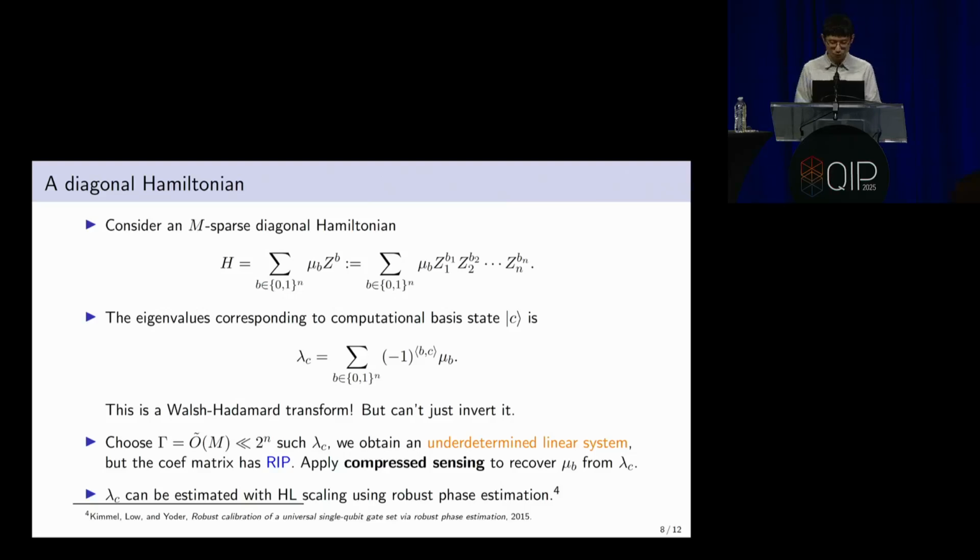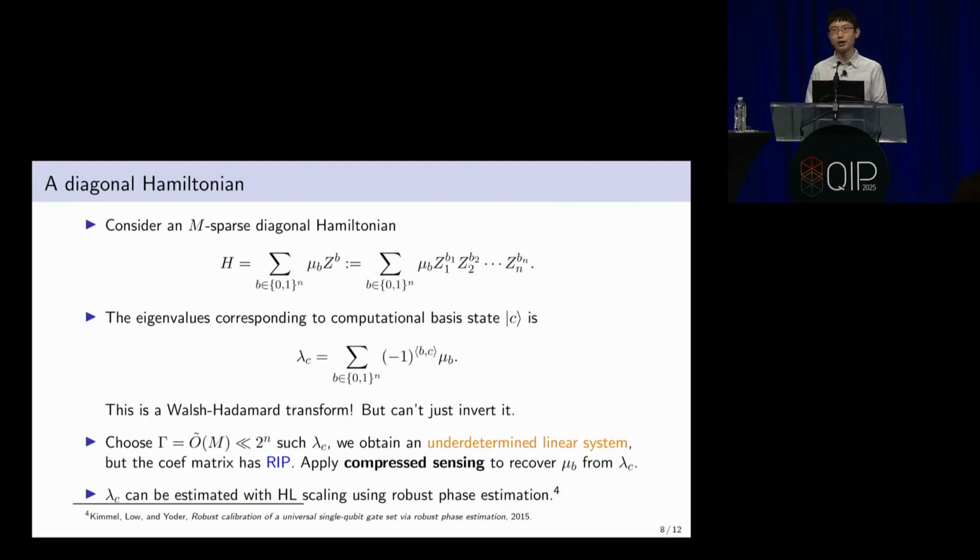Right, thanks for the question. So here the Hamiltonian is actually extremely easy. The Hamiltonian we're dealing with is a diagonal Hamiltonian, right? So we know what the eigenvectors are. Robust phase estimation requires us to have access to the eigenvectors, and we do have this access. To clarify, we actually don't estimate eigenvalues because that's unphysical, right?